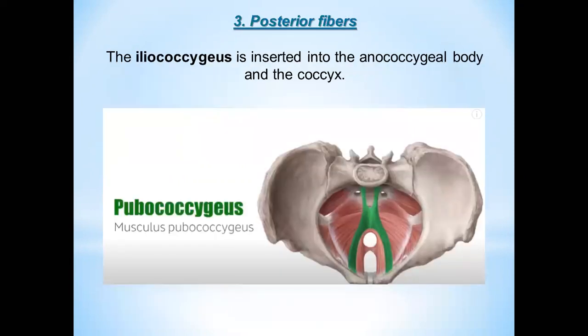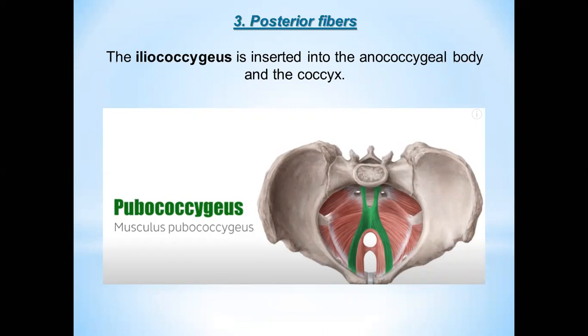Then we have the iliococcygeus, part of the posterior fibers of the levator ani. So the posterior fibers of the levator ani muscle are called the iliococcygeus, and it is inserted into the anococcygeal body and the coccyx bone. You can see here, this is the body of the pubis bone. The whole of the levator ani muscle originates from here, and partly from the obturator internus muscle, and also from the ischial spine.